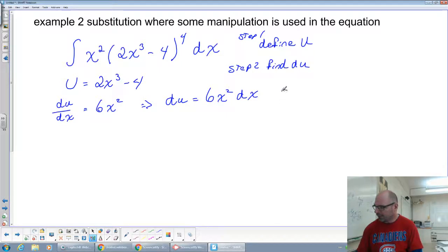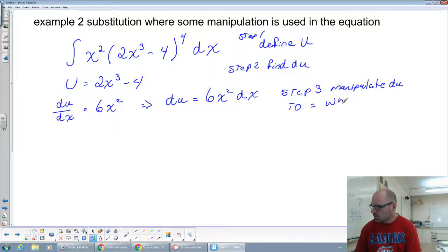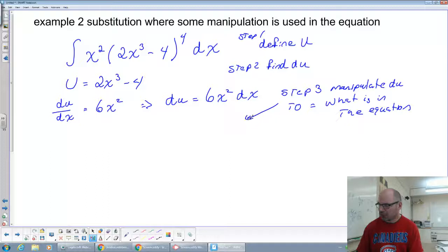So in step 3, manipulate the du by multiplying or dividing, usually, to equal what's in the equation. So that means in order to get x squared dx, we have to divide by 6.